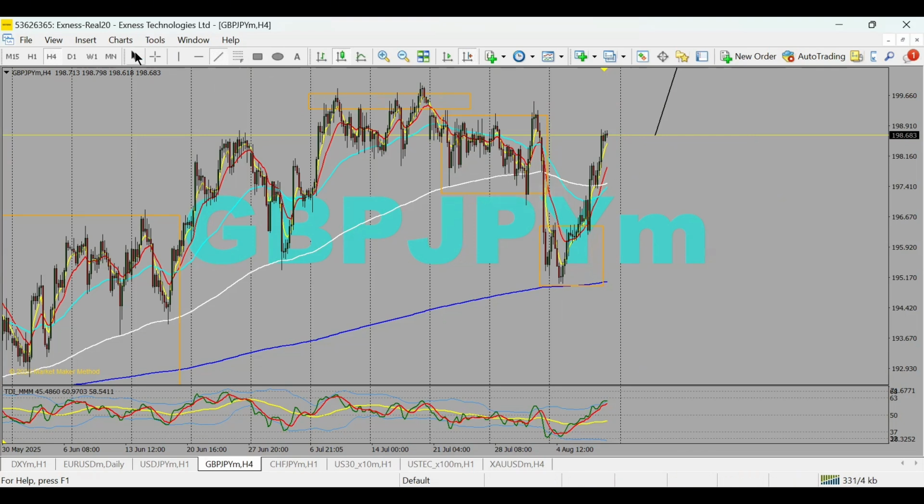All right, but before price moves to the upside, I'm expecting price to reset, to give us a retracement back, possibly into an order block, right? This order block right there, or price might get back to this order block right here.